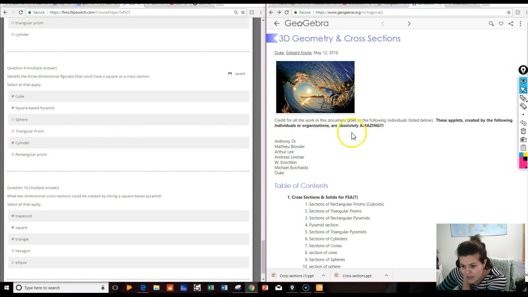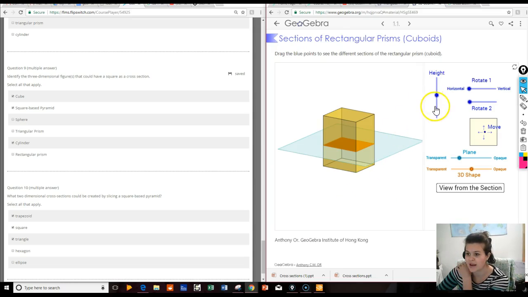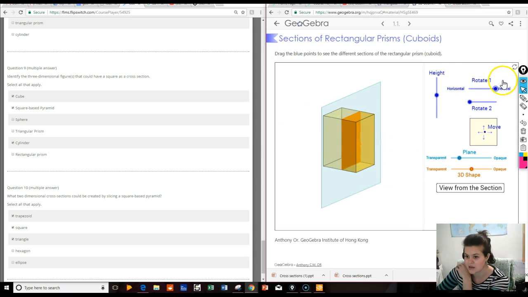And a rectangular prism, we could have a square from a rectangular prism.